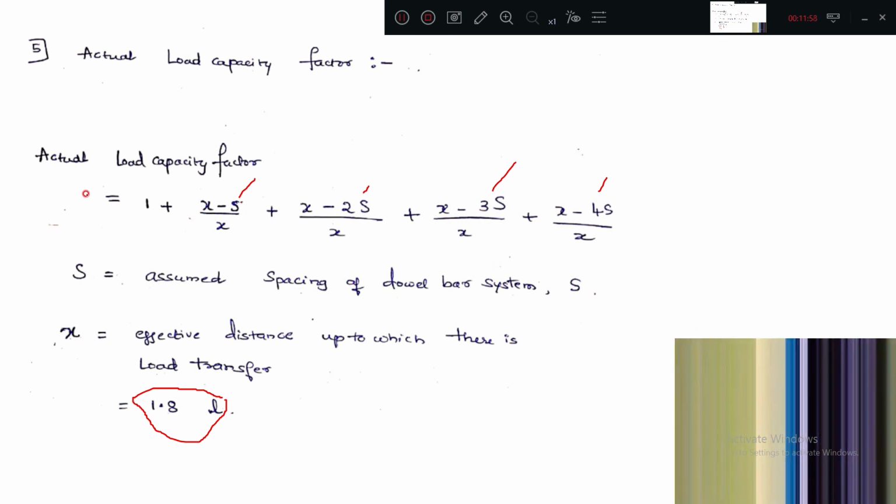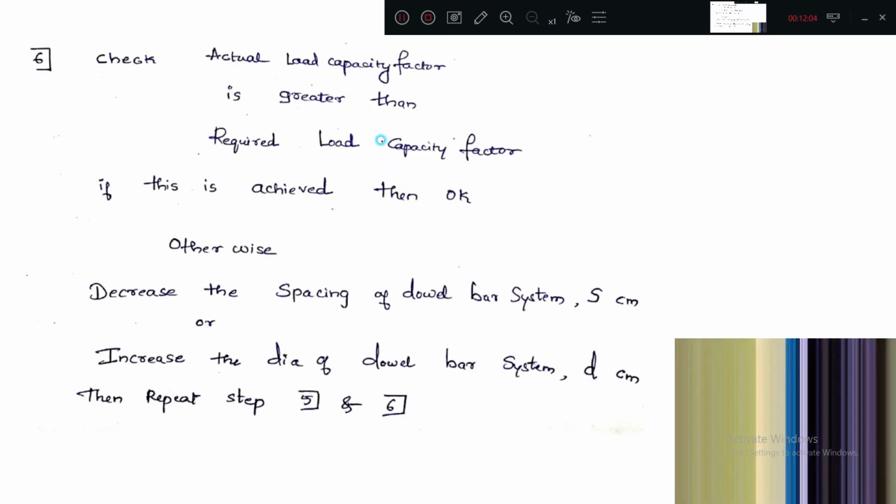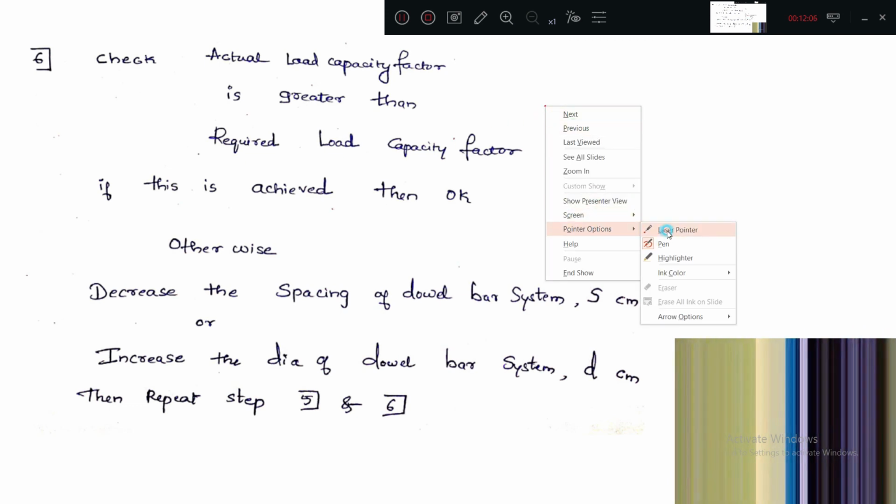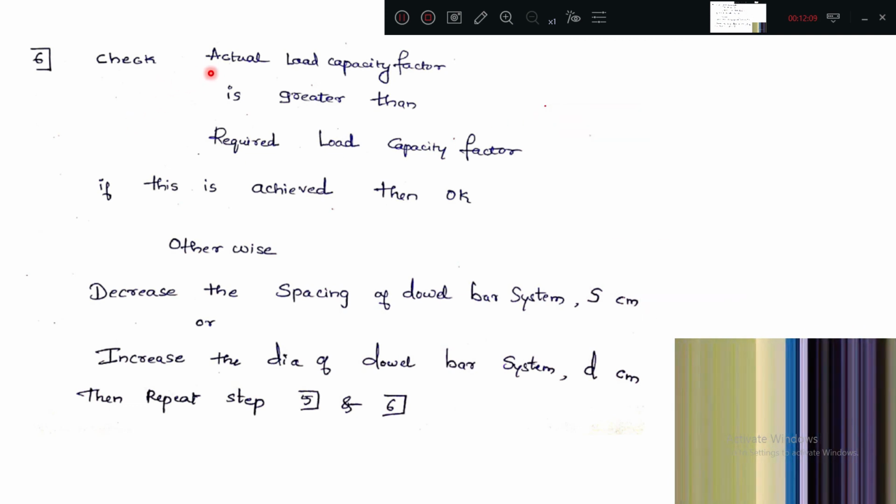So this will be your actual load capacity factor. You should always check that the actual load capacity factor is greater than the required. Actual should always be more than required. If this is achieved, then it is okay. Otherwise, what should you do? Decrease the spacing, or increase the dia of the dowel bar, and again repeat steps 5 and 6.